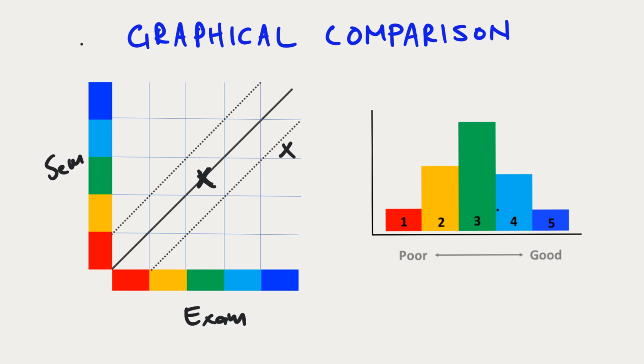And what we do is we define a line of 5% above your mark and 5% below your mark to define a region over here.